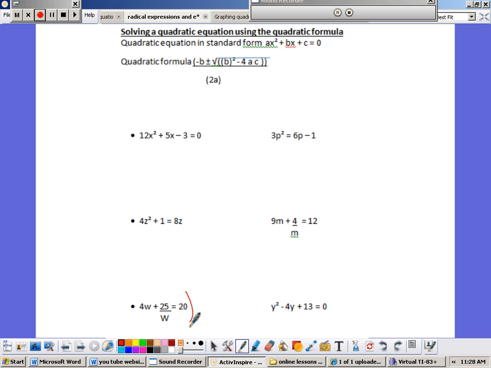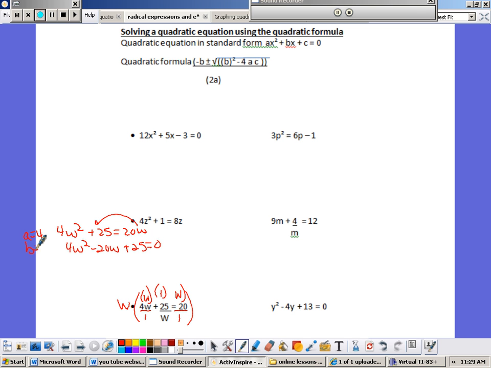Okay, so I'm going to put a 1 under these. I'm going to multiply by w, so this gets a w, this gets a 1, and this gets a w. So I have 4w squared plus 25 equals 20w. 4w squared minus 20w plus 25 equals 0. Got to get it in the form before we do a, b, and c.